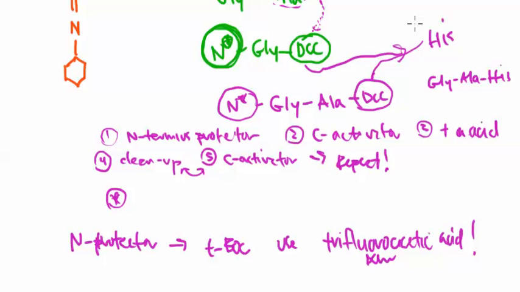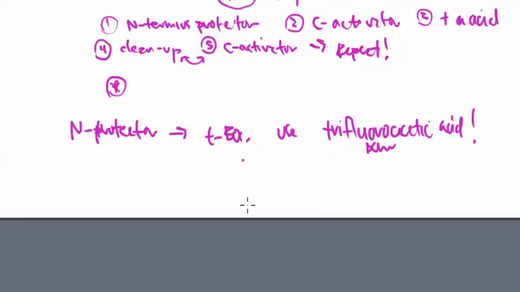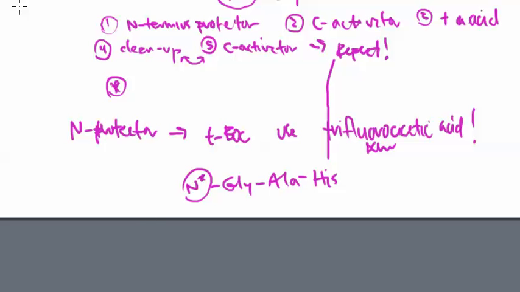So once you get this assembly, let's say that we've ended up now with an N-protecting group on glycine, and then alanine, and then histidine, and that's kind of where we want to stop. Well, I would use trifluoroacetic acid and DCM, and what goes on is that this will get removed, and now we've got a true protein of glycine, alanine, and histidine.